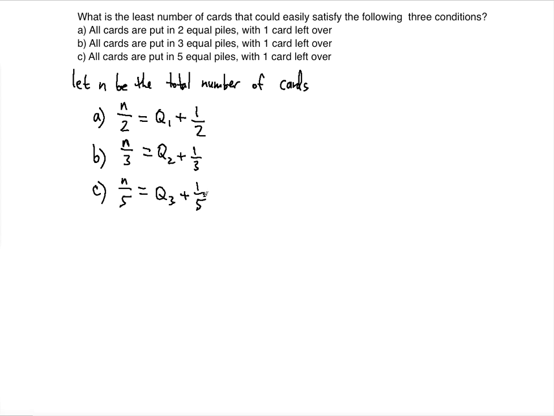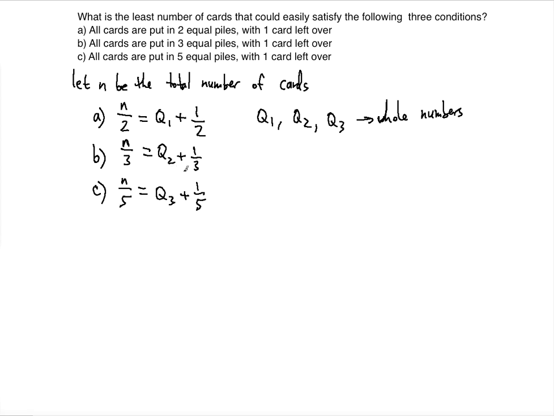So keep in mind, in order to find n, we have to make sure that quotients 1, 2, and 3 are whole numbers. So we have to choose n in such a way that it will work out for every single equation A, B, and C such that the quotients 1, 2, and 3 will be whole numbers.